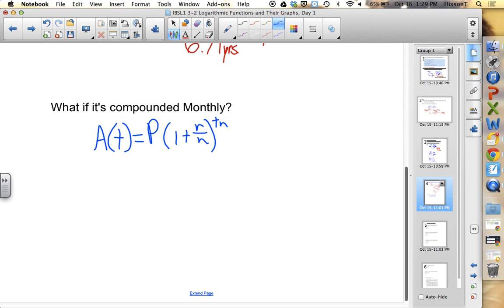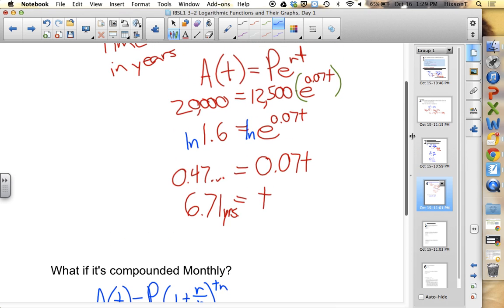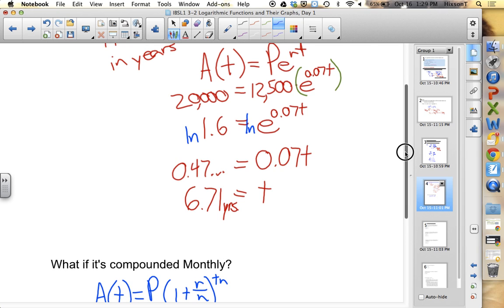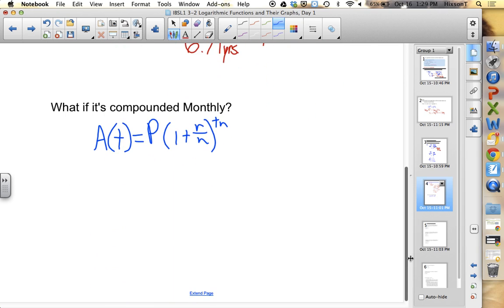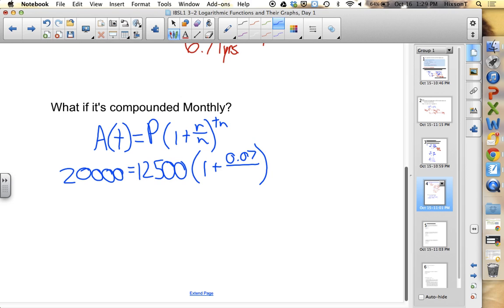All right. We're still going to plug in the 20,000 for A of t, the 12,500 for our principal, and the 0.07 for the r. So here's 20,000 equals 12,500 times 1 plus 0.07 over n, which is 12, to the 12t power, okay?